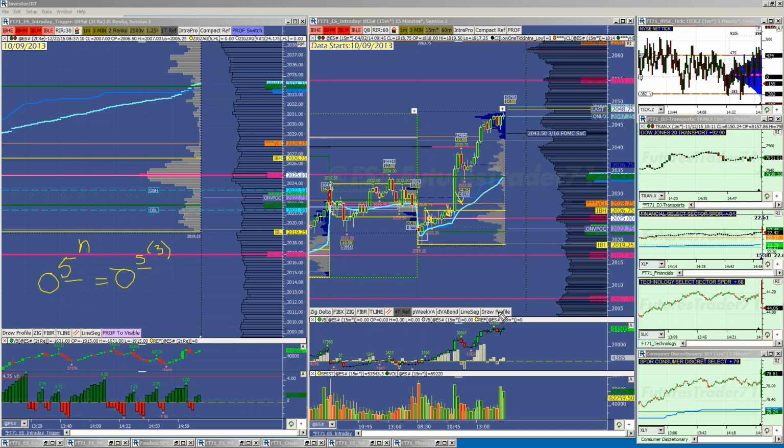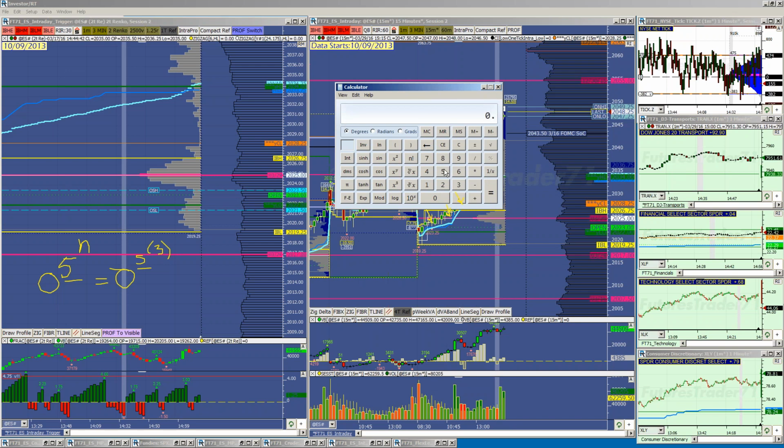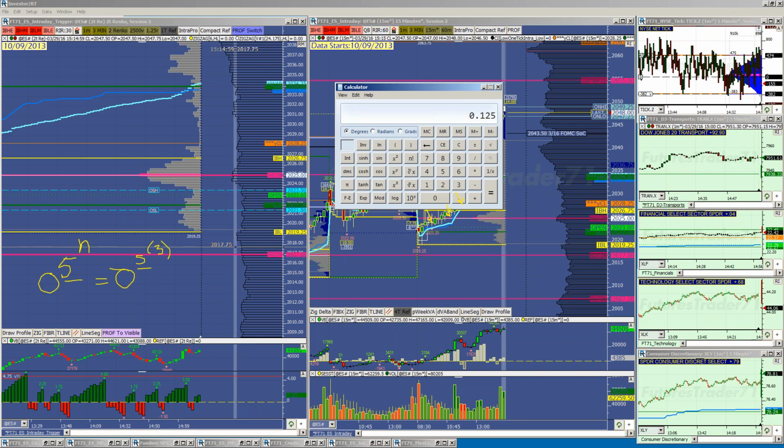Let's do our little calculator here. Mathematically, it means there's a 12.5% probability that I'm going to hit 3 losses in a row. That's a pretty crappy probability. I should probably back off.